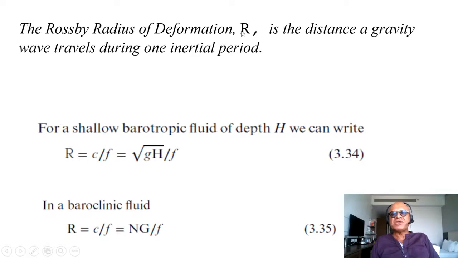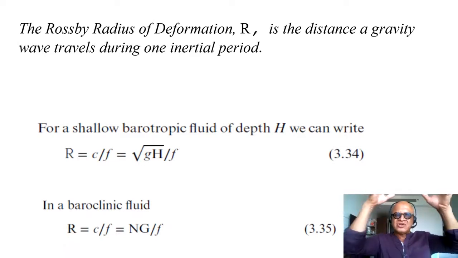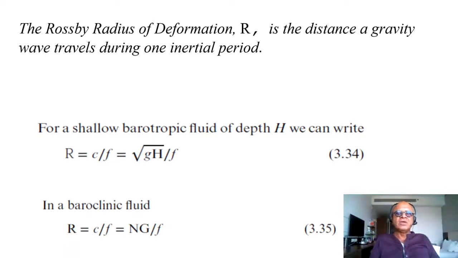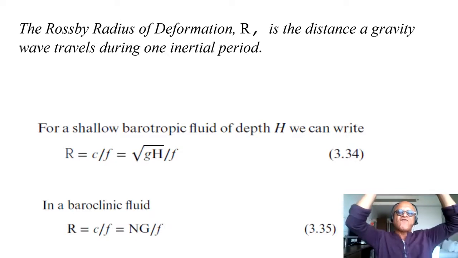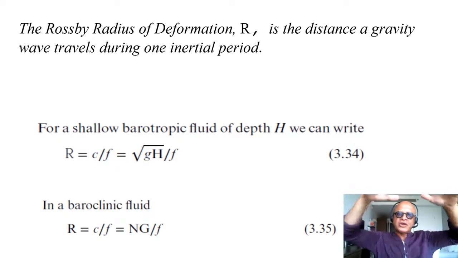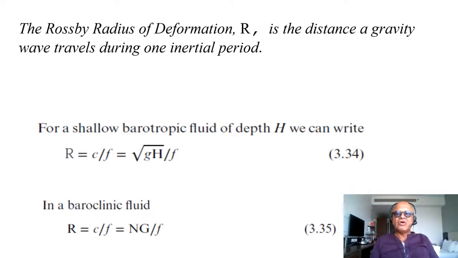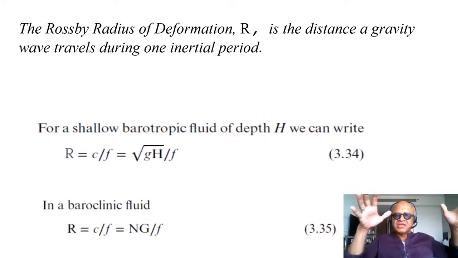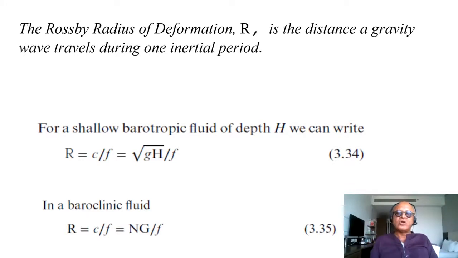Rossby radius of deformation is then the distance a gravity wave travels during one inertial period. There are other interpretations we will see where the Rossby adjustment becomes about how far the cold polar air can come in down into the low latitudes where the near surface densities are lower and so on.